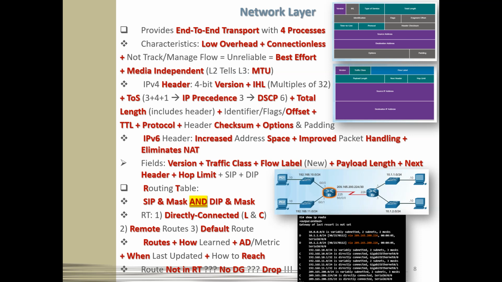Then we have sort of greenish color. They are those header fields in IPv4 that remain in IPv6, probably with different names, but they're the same concept. And of course we have blue color, just the one that you see in IPv6 header. You don't see it in IPv4 because this is the new header field defined only within IPv6. So that is defined with the advent of IPv6 and does not exist with IPv4.